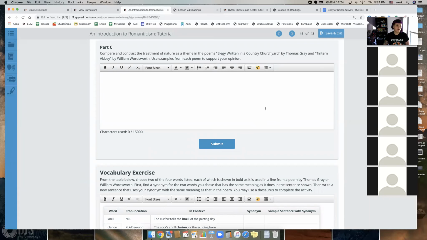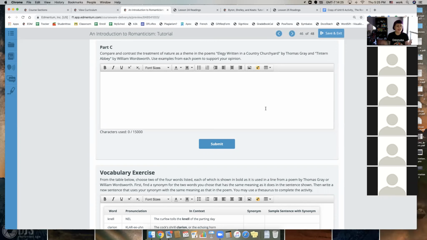I actually am totally cool with you guys skipping writing into this one. I just kind of want to share some of the points about the way that nature is dealt with, and it's mostly that the first poem is really about death, and the Tintern Abbey is more about how nature gives life and is healing and invigorating.